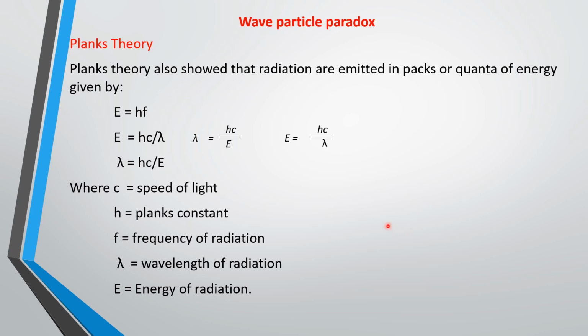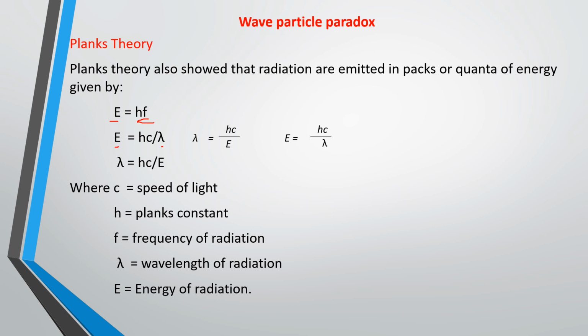So Planck also proposed that radiation is emitted in quanta of energy, and this quantum of energy is given by hf. So the energy radiated by a particle is equal to hf, and E is equal to h times velocity over lambda.